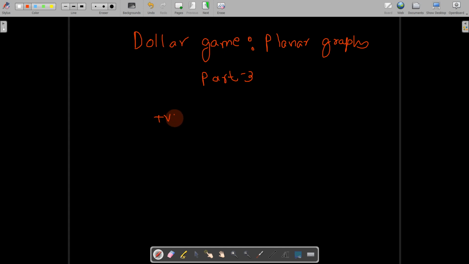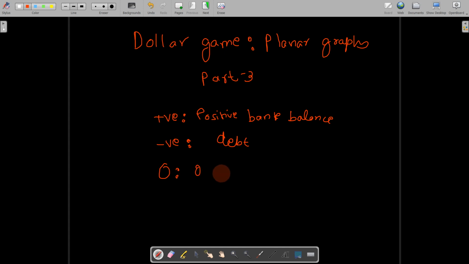Either it will be positive, representing a positive amount in their bank balance, or they will have a negative value, which means they are in debt, they have to repay someone this much amount, they don't have money. And zero means zero amount in their bank balance.